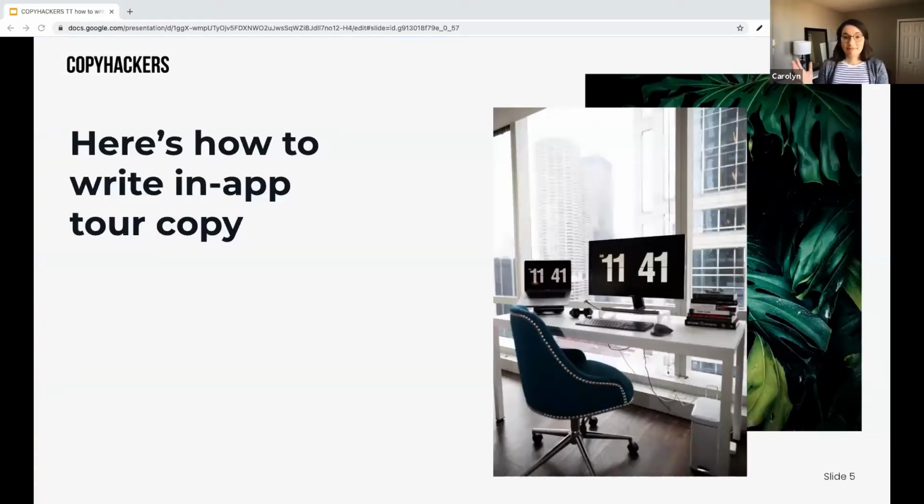Now, how to write in-app tour copy. This is a step-by-step for how I wrote the Copy School in-app tour copy. Start by defining our goal for the in-app onboarding. What do we as a business want to achieve with the tour copy? In this case, Sarah, our product manager, already had a draft in place with defined business goals and user needs.